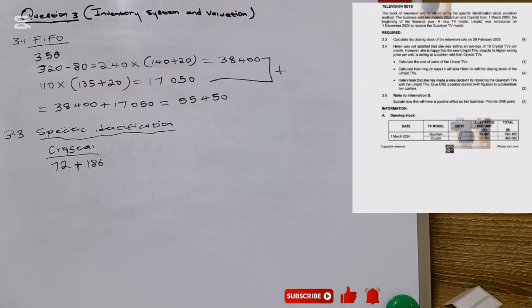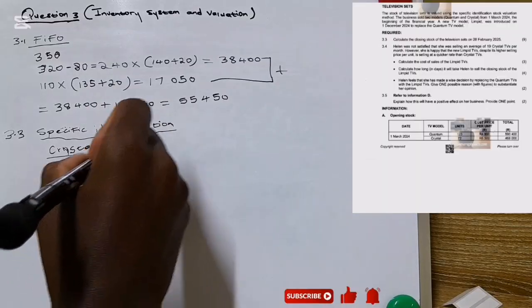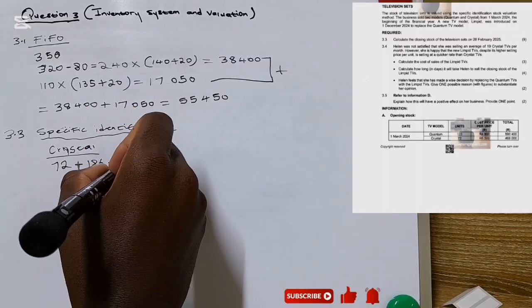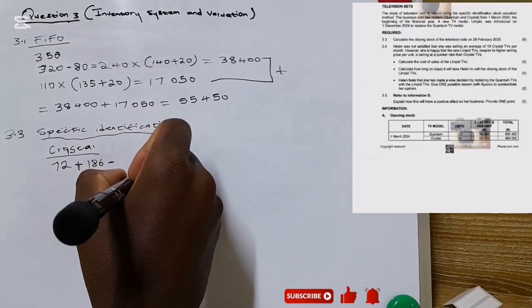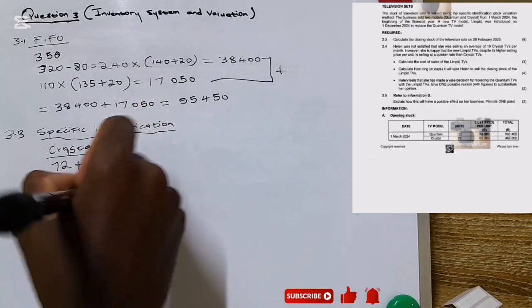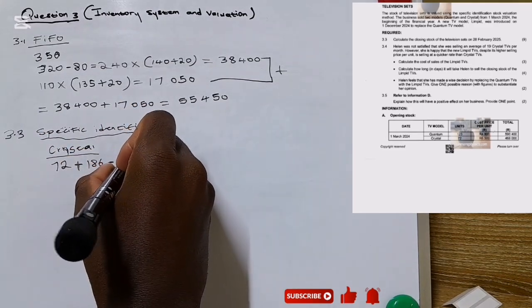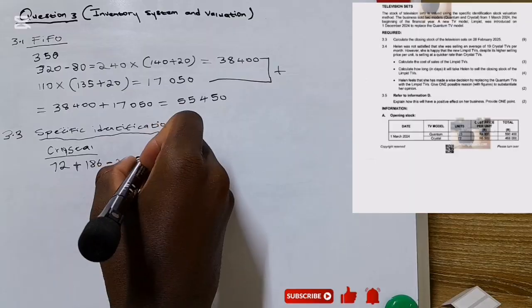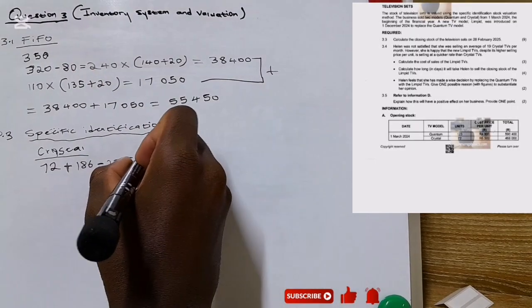Our Crystal sold 225 units, so you subtract. Remember, you add purchases, you subtract sales, and you also subtract returns if we have any. On this one we don't have returns, so we subtract 225, which gives us 33 units.